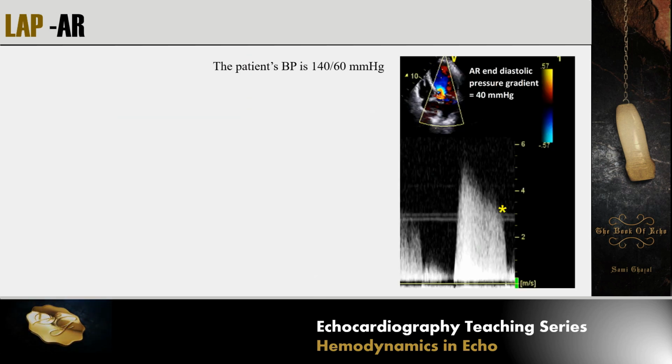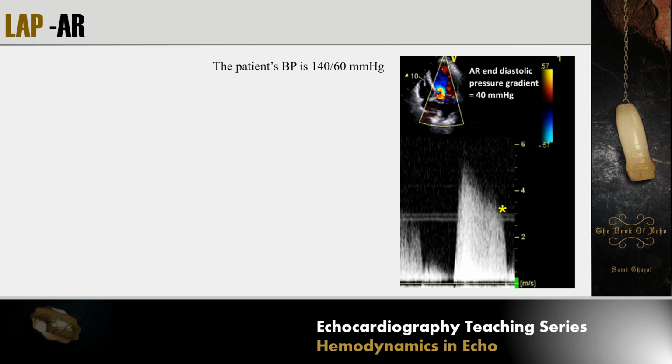LA pressure from aortic regurgitation: in the absence of mitral stenosis, the LV diastolic pressure, particularly the end diastolic pressure of the LV, approximates the LA diastolic pressure. In the presence of aortic regurgitation, the end diastolic aortic pressure resembles the aorta to LV end diastolic pressure gradient.